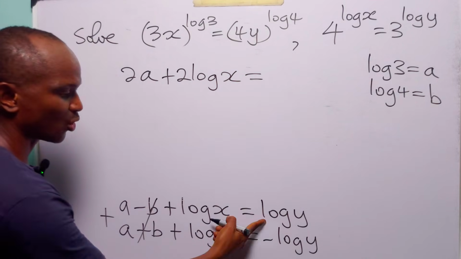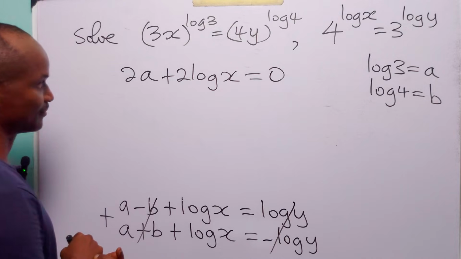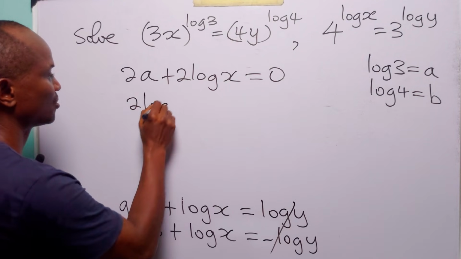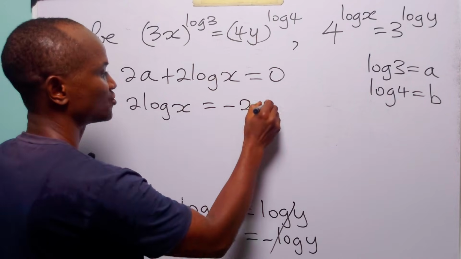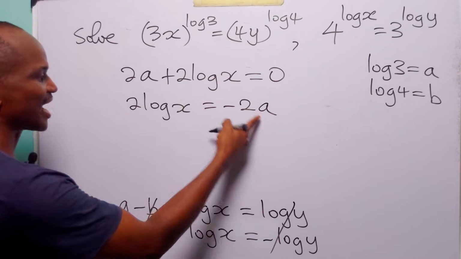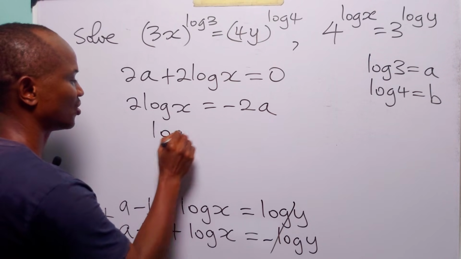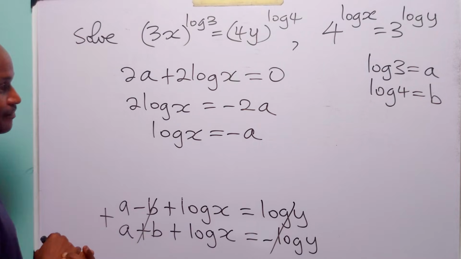And this is equal to log y minus log y, which is equal to 0. Of course, from here we have that 2 log x is equal to minus 2a. When we divide both sides of this equation by 2, we find that log x is equal to minus a.